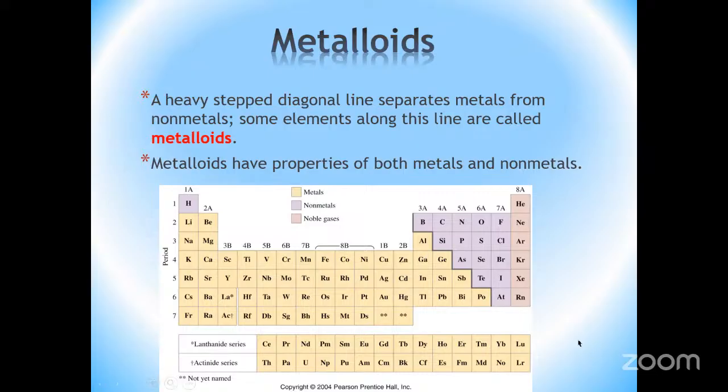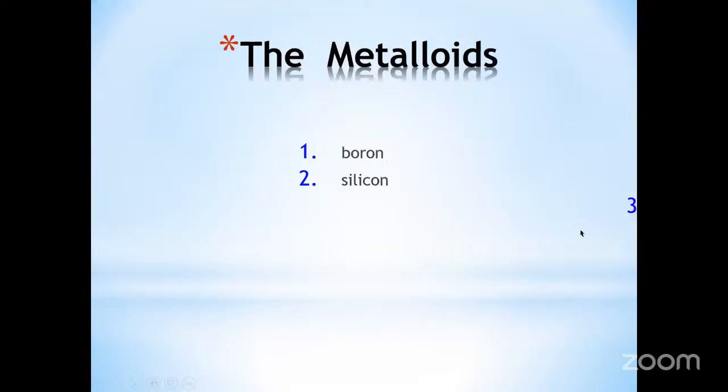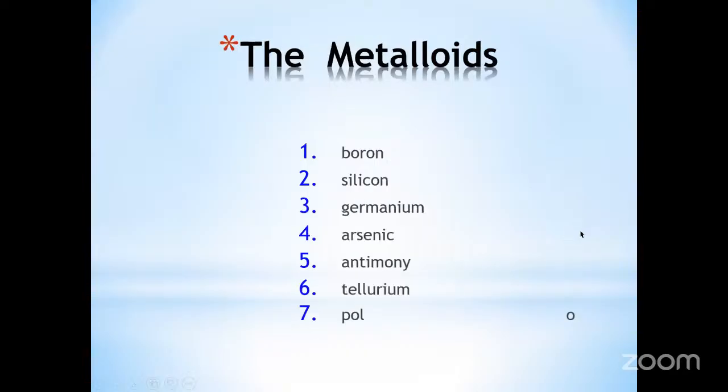But some elements straddle either side, which are called metalloids. These are the 7 metalloids in the periodic table, and as I said, they have some properties in common with metals and some in common with non-metals.